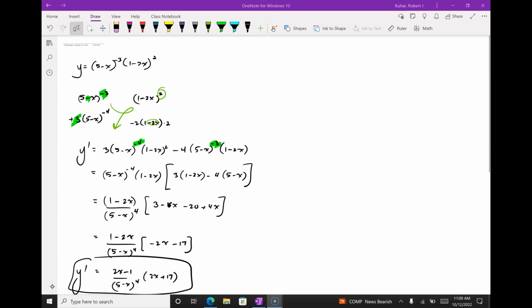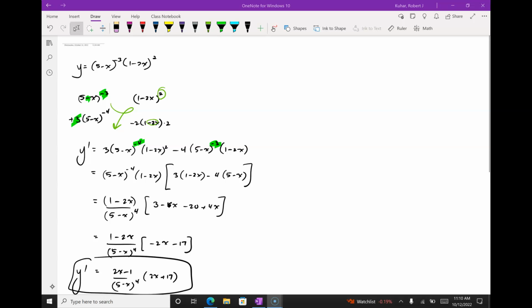Derivative of the inside is another negative, right? Negative 1. Okay?